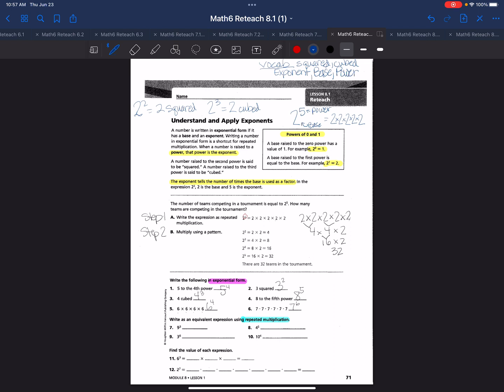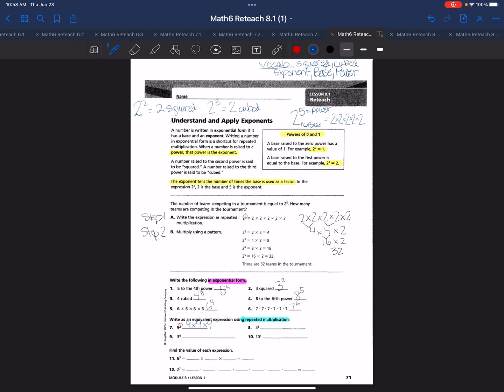So 9 to the 3rd power, this exponent here is telling you how many of the base. So it's 9 times 9 times 9, because there are 3 nines, and we're multiplying them out. Remember, it's always repeated multiplication.